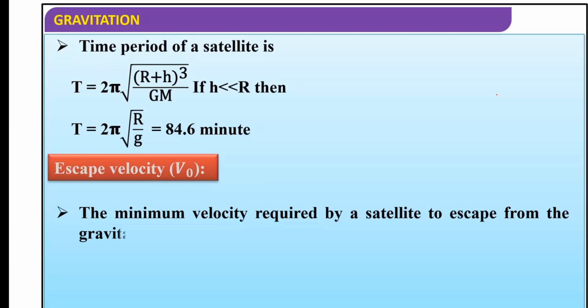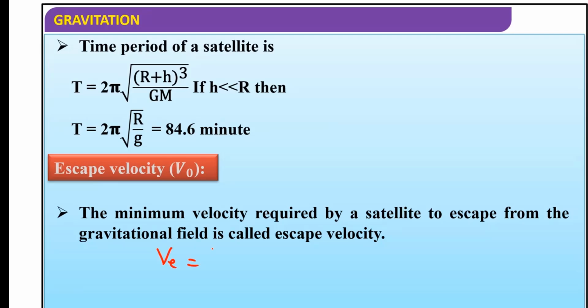Now next topic we come to is escape velocity. Now what is escape velocity? The minimum velocity with which an object thrown from the surface of a planet will never return to the same surface again. It means it will be free from the gravitational field of the planet. That is escape velocity. The escape velocity formula we can write in two ways.